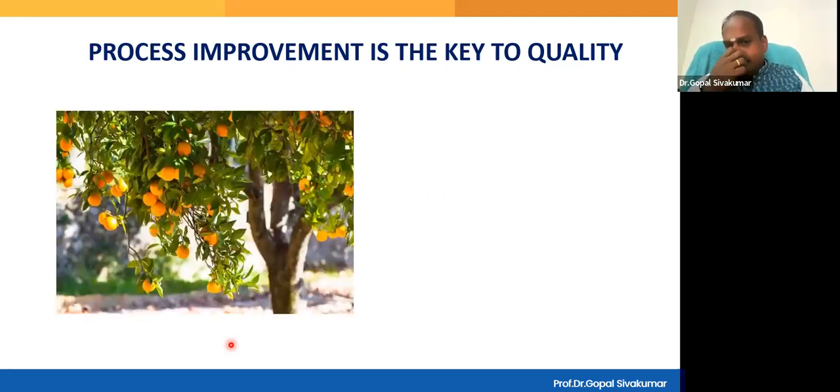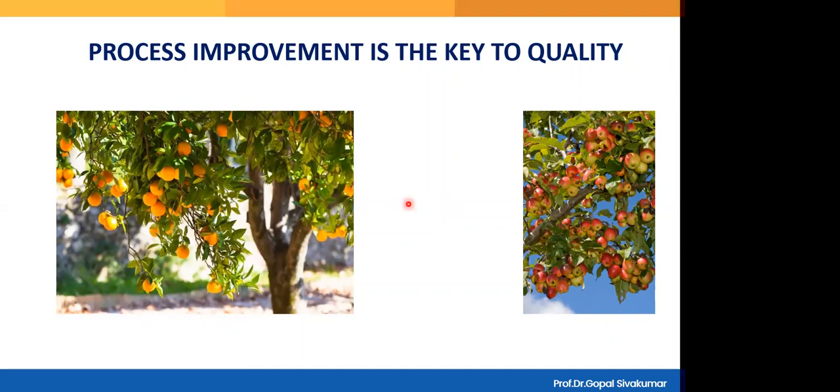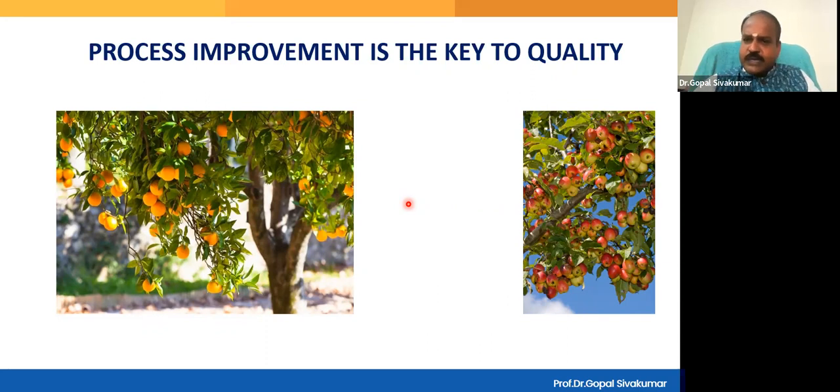And now imagine there is an orange tree. What kind of fruit can the tree produce? Orange fruits. But all of a sudden, I want to produce apple. Now tell me, how many of you think the same tree can now produce apple? No, none of you. Then my question is, why are you expecting the same process to produce better results?